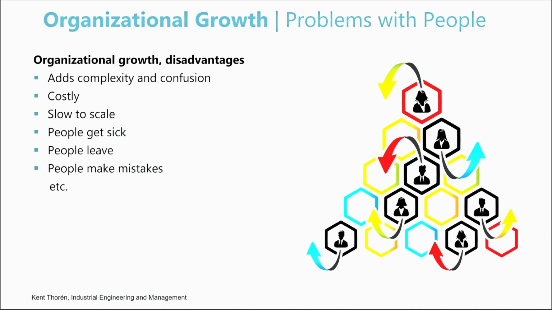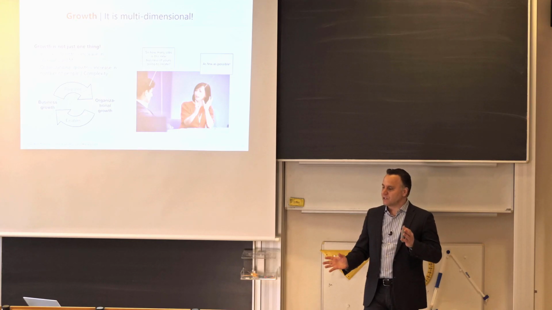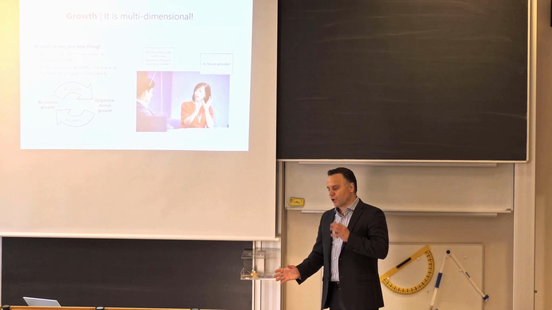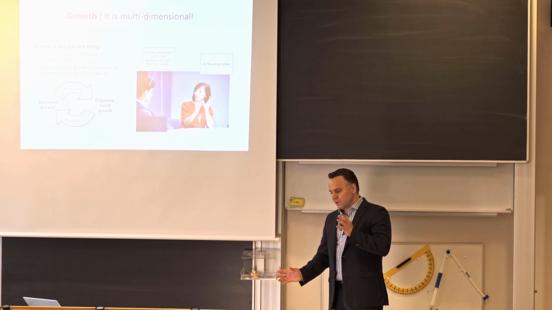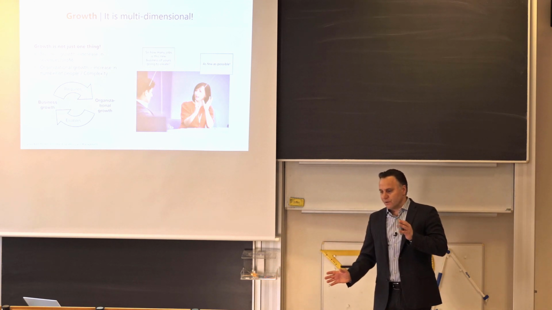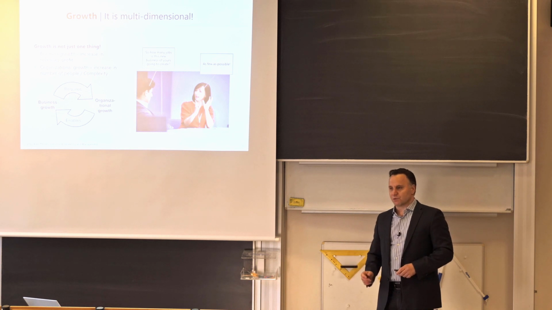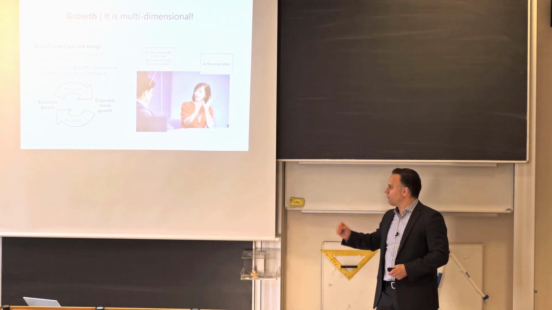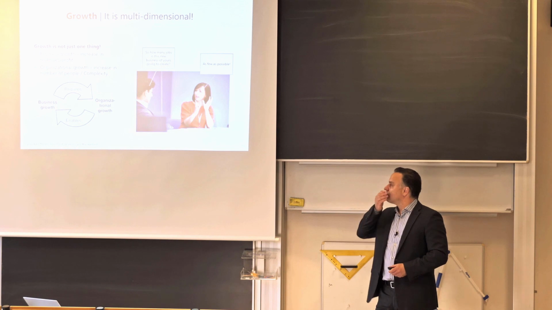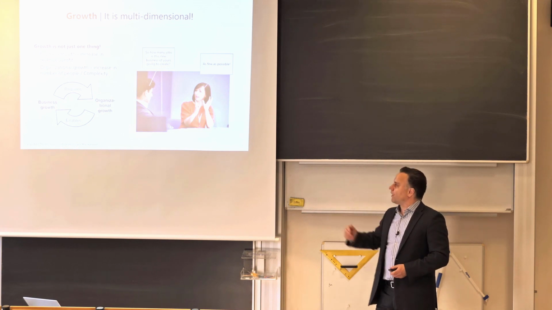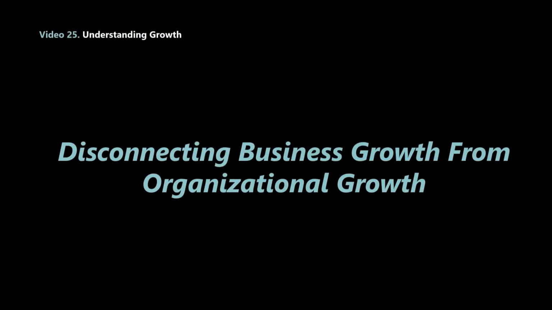Not always, but nearly always. People get sick. People quit. They make mistakes. If you separate at least these two types of growth, we can work on these two fronts with some sort of method to it, with some sort of ideas and approaches and strategies. Okay, but they are connected.